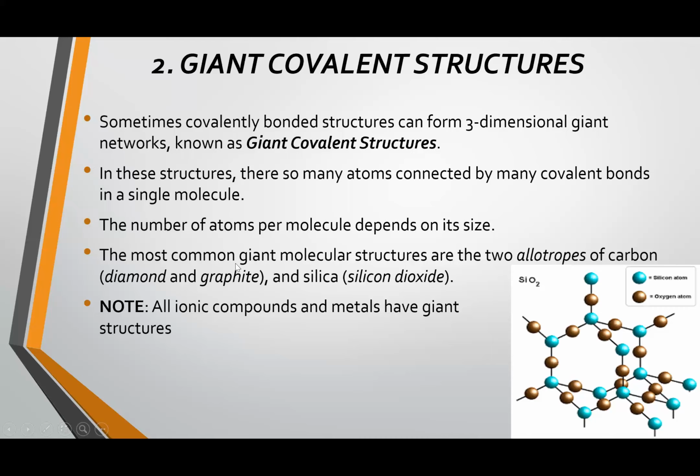Here we have to note something very important: all ionic compounds and all metals have giant structures. You can never find an ionic compound or a metal in a simple structure. In ionic compounds, so many ions are joined together to form a giant three-dimensional structure, and in metals, so many cations and delocalized electrons combine to form a three-dimensional structure.